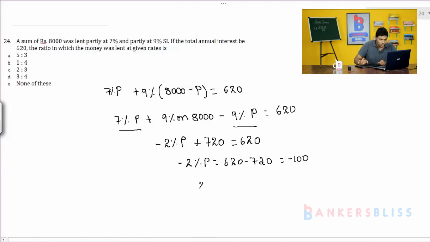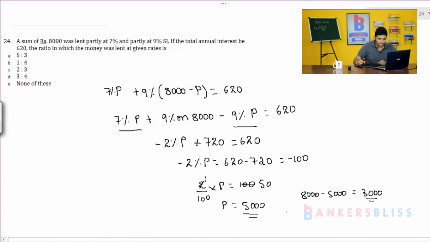Therefore 2% P, that is 2 by 100 into P, is equal to 100. So P is equal to 5000. The next principal will be 8000 minus 5000, which is equal to 3000.